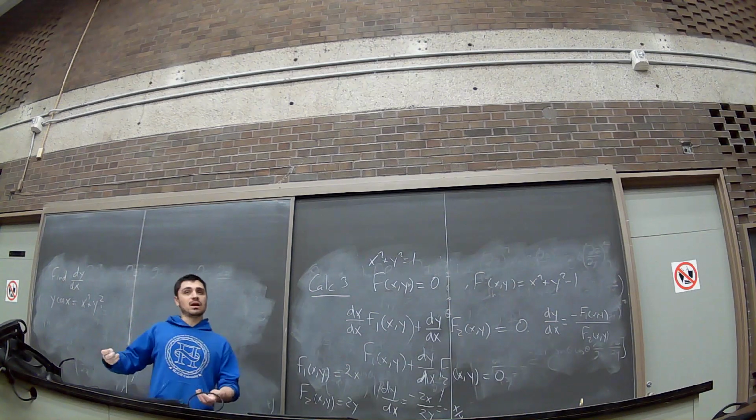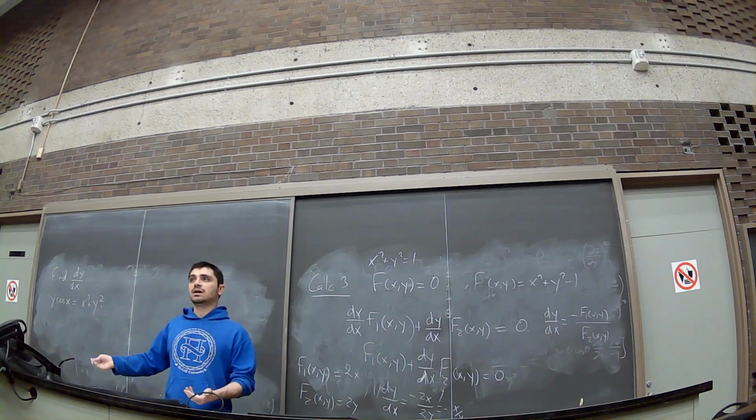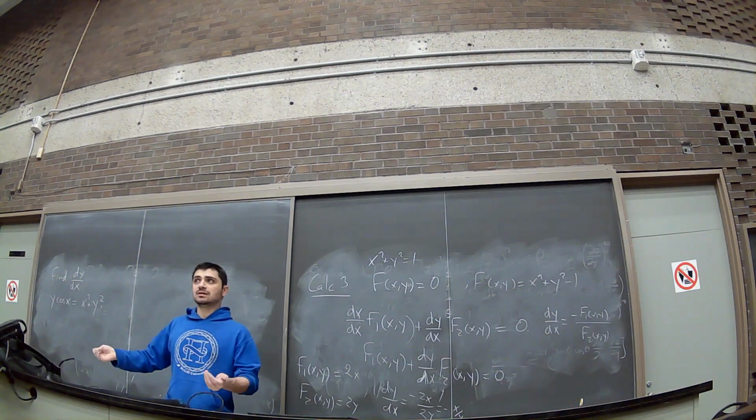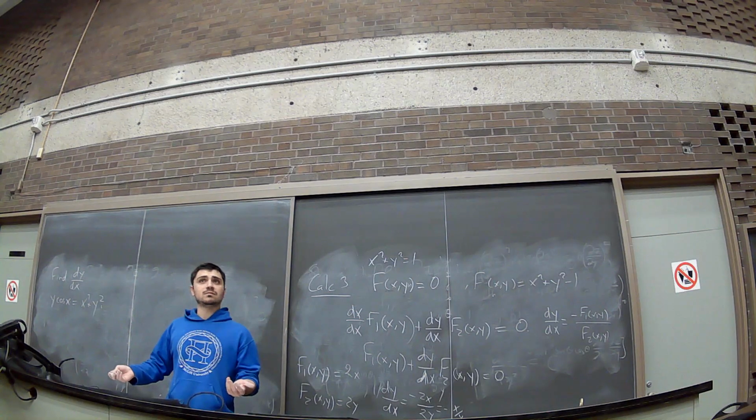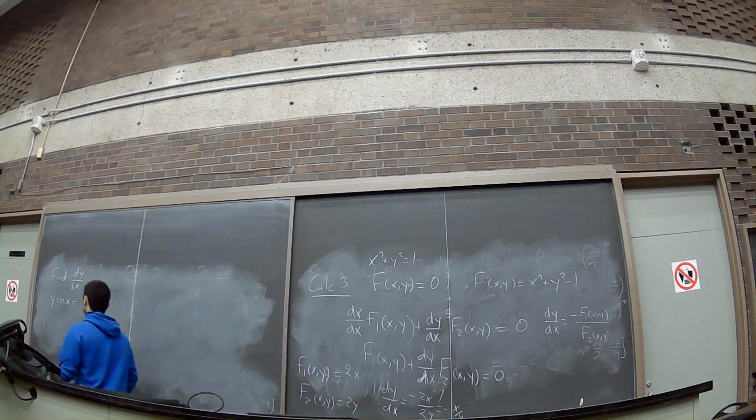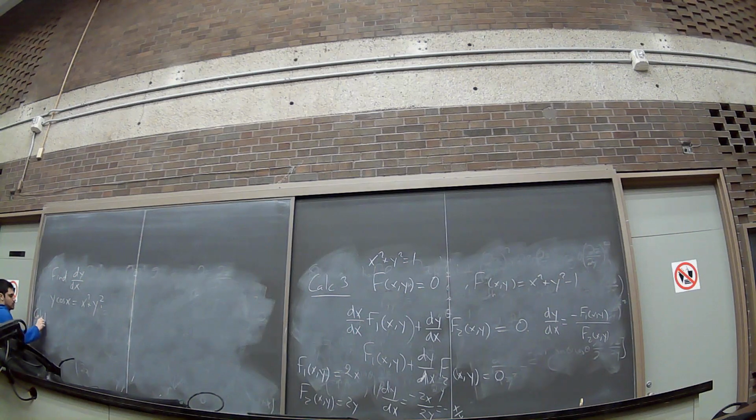Do you want us to do it the Calc 1 way and then do it the Calc 3 way? Should we do that and see we get the same answer? Yeah? Let's do it. Let's differentiate this with respect to x, the Calc 1 way. Let's see if I got this right actually. Yeah. Differentiate this with respect to x. What do you get?